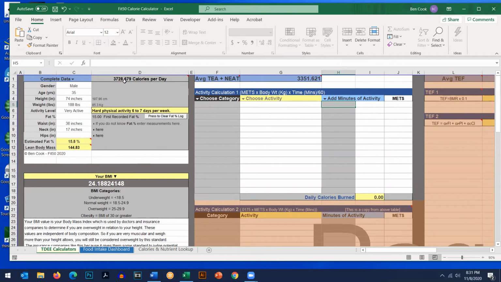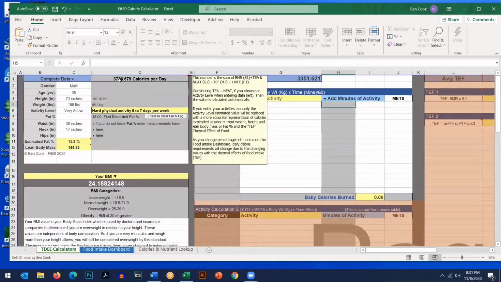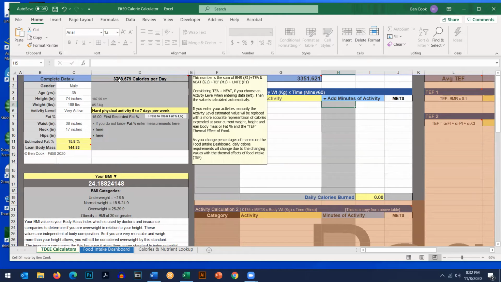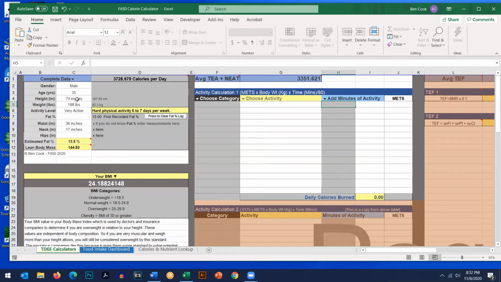All right, so once you have your calories in, then we have an idea of how many calories per day you're going to need to sustain your body weight with this level of activity. That's a pretty good size hunk of change right here for someone who's 74 inches and 188 pounds at 35 years old.